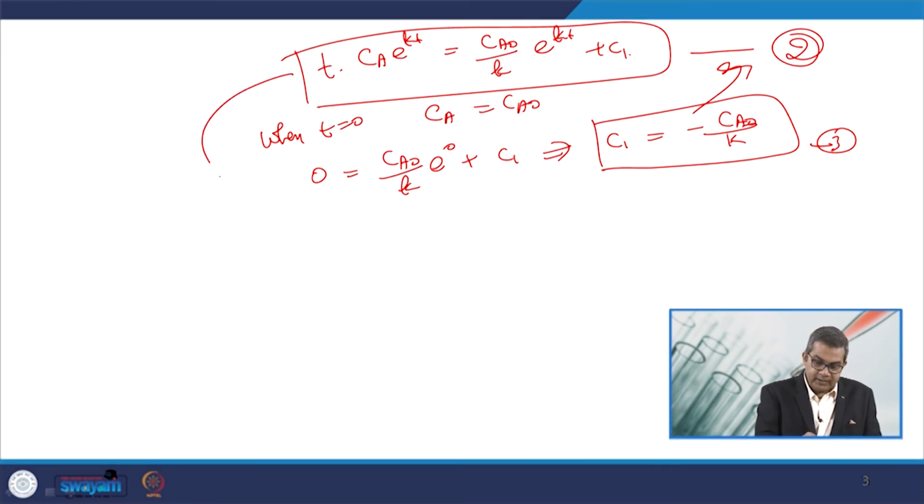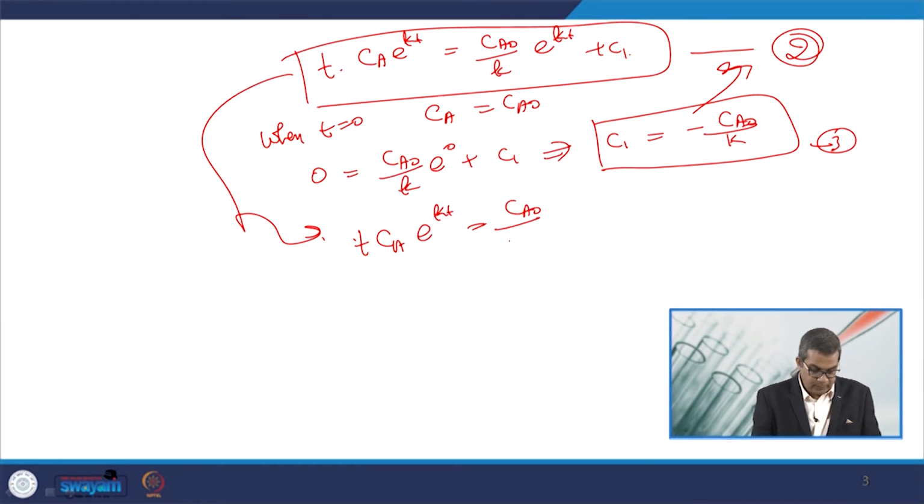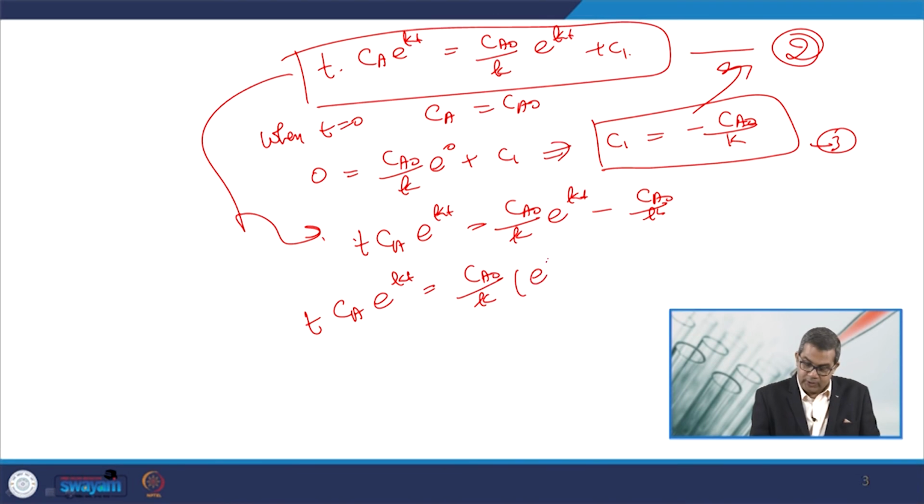So again we take the help of this equation. Then t CA e to the power kt is equal to CA0/k e to the power kt minus CA0/k. So t CA e to the power kt is equal to CA0/k times (e to the power kt minus 1).